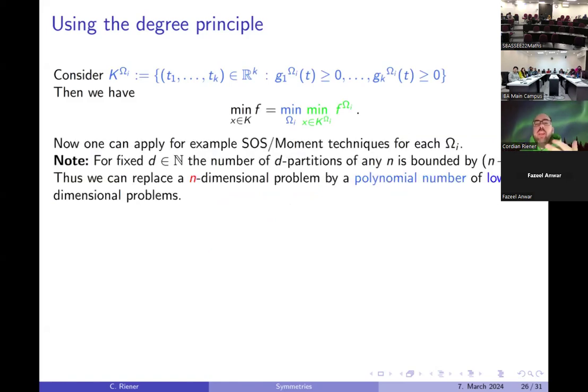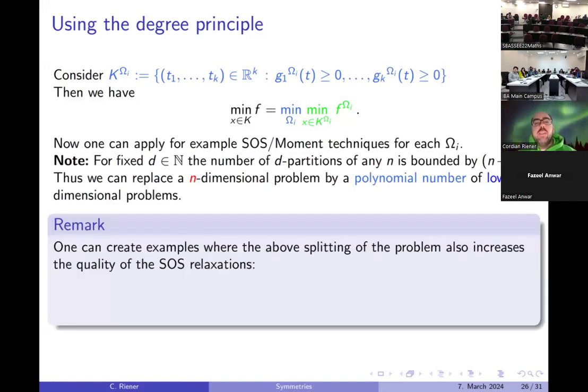So you can then apply all of the techniques to the individual problems. They have less symmetry, because the symmetry is already taken care of implicitly since we assumed that the points have some symmetry, and you thus reduce not only the computation, but also the dimension of the problem drastically.